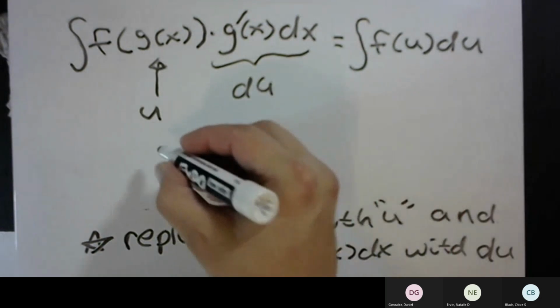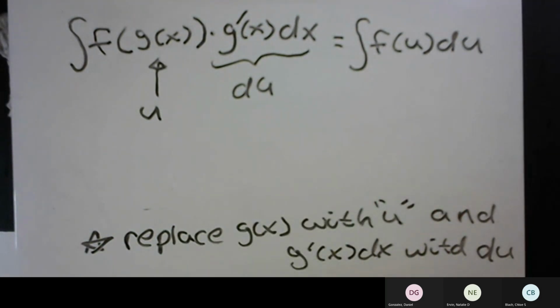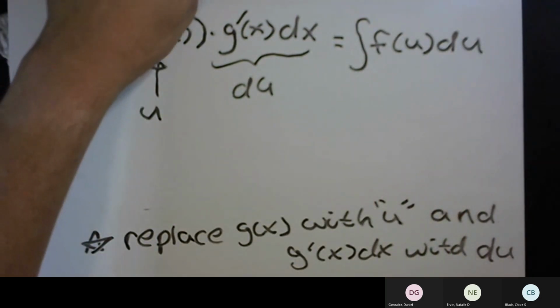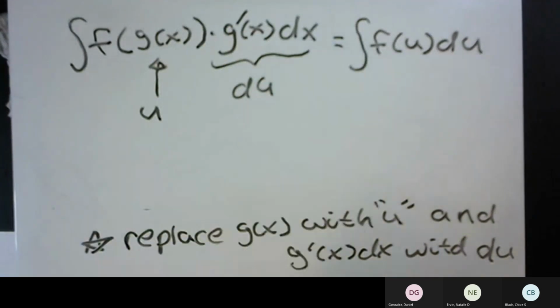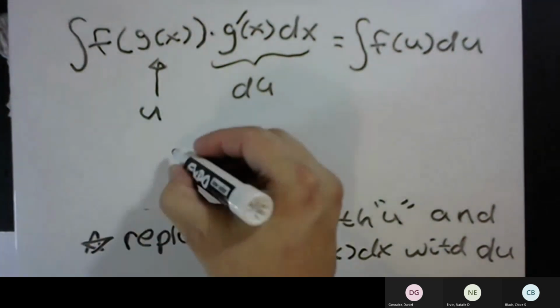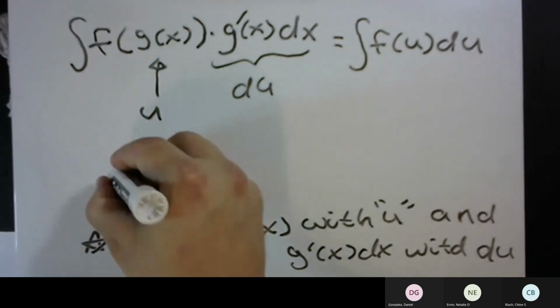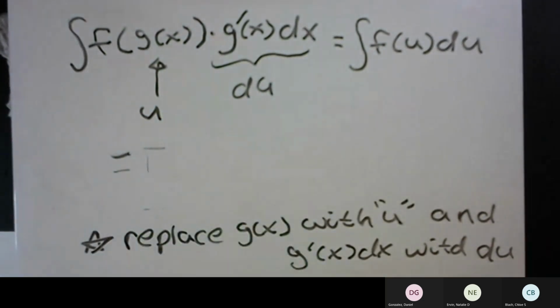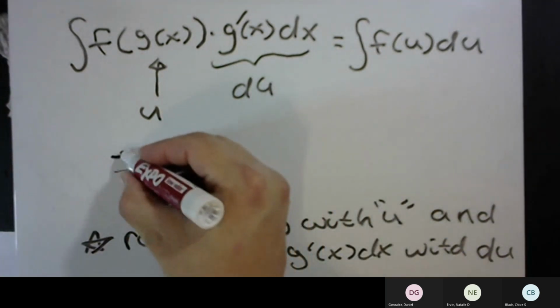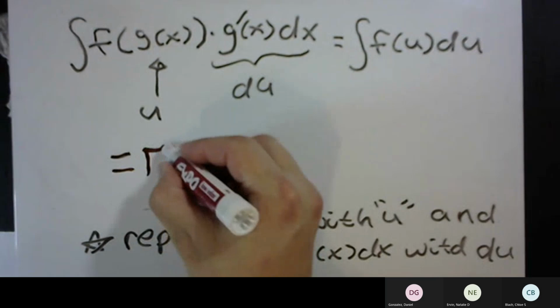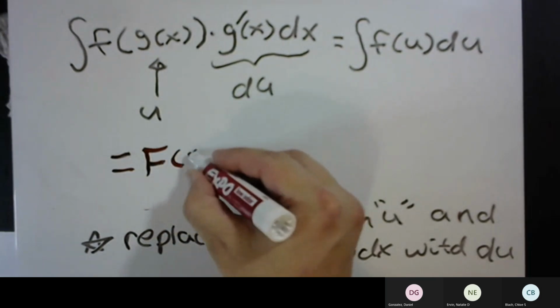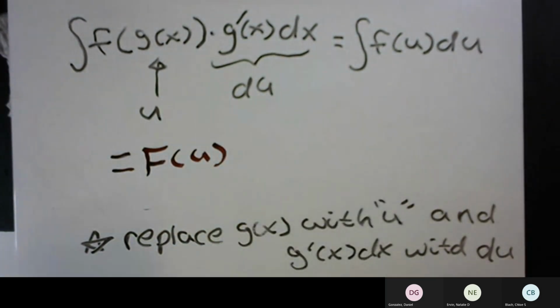And so what this will give us, now we know the antiderivative of f. We've seen that. That was that capital F. So you get capital F of u, because that's what the integral of this is.